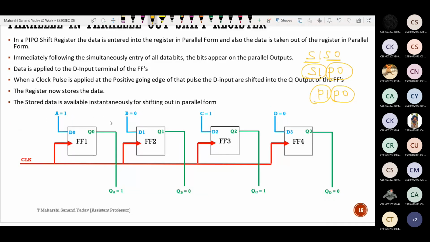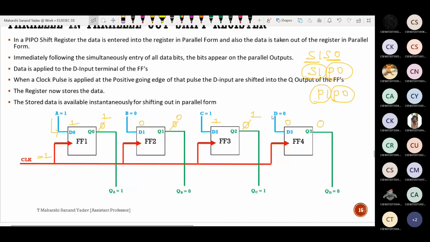Initially, before the application of the clock pulse, the content will be 0, 0, 0, 0. Now when you apply the first clock pulse, simultaneously you are applying all the inputs. Now you are applying D0 as 1, D1 as 0, D2 as 1 and D3 as 0. Immediately at that moment the output changes to 1. Here again it will be 0.